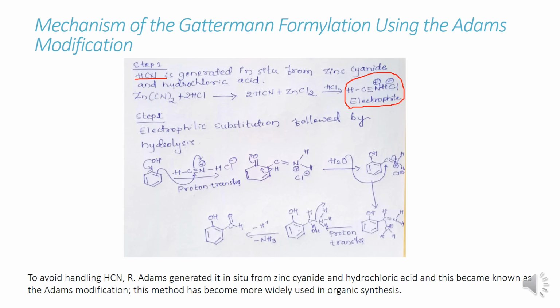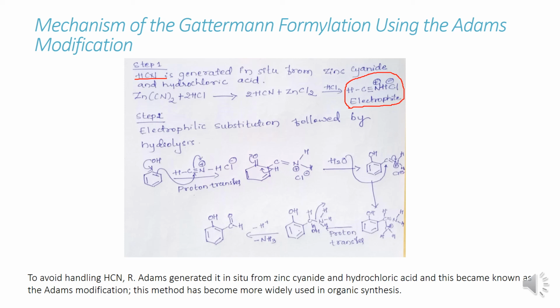HCN is generated in situ because handling of anhydrous HCN is not good at all in laboratory practice. Therefore, they go for in situ HCN that could be prepared by using zinc cyanide. Zinc cyanide will make a complex with HCN. Okay.